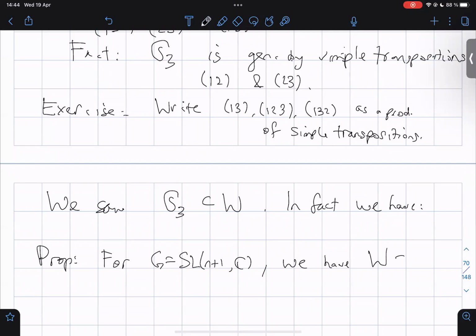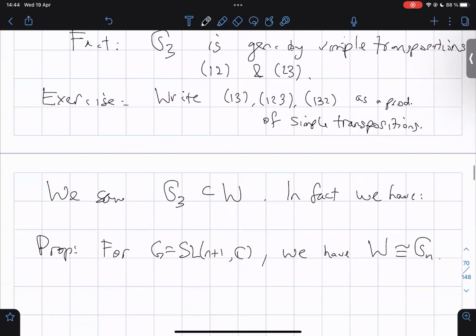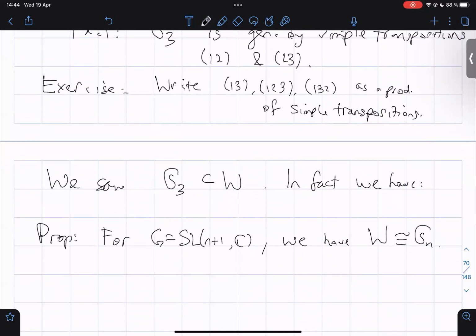Here we have W equal to the permutation group on n+1 symbols. So that fills up everything. W is S3 in the case of SL3.